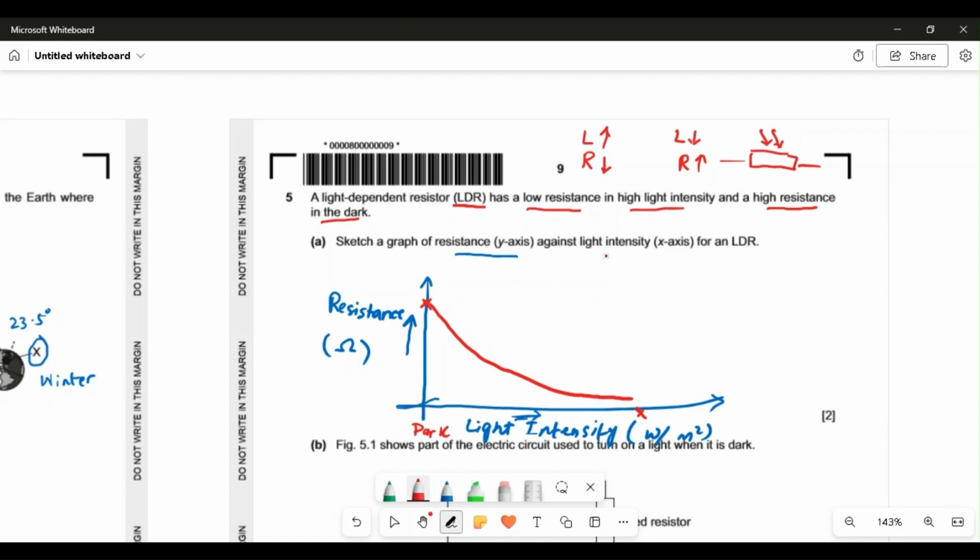So as light intensity increases, resistance decreases gradually. This curve is showing the decrease in resistance with increase in light intensity.